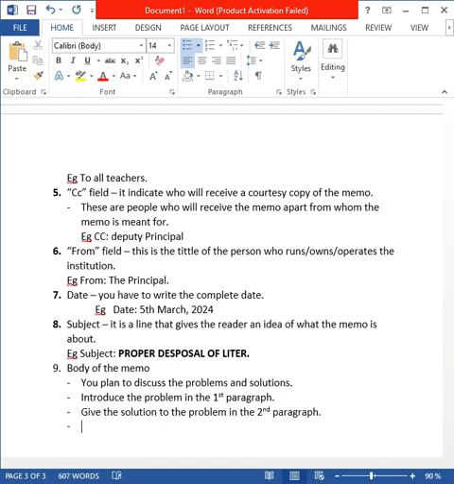the last thing here, you have to close the memo with a positive tone.